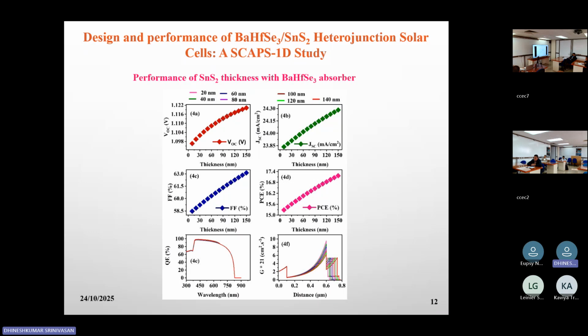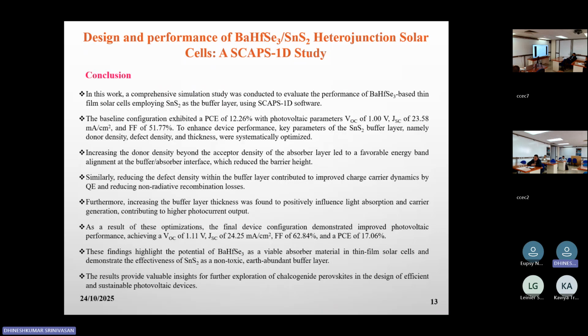And we move on to the conclusion. In this work, comprehensive simulation studies were conducted to evaluate the performance of barium hafnium selenium based thin film solar cells, employing tin sulfide as the buffer layer. In the base configuration, a power conversion efficiency of 12.26 percent was achieved. Key parameters of the SnS2 buffer layer, namely the donor density, defect density, and thickness, were systematically optimized.